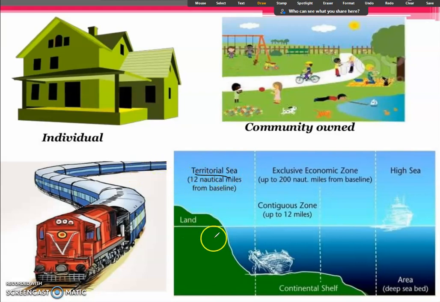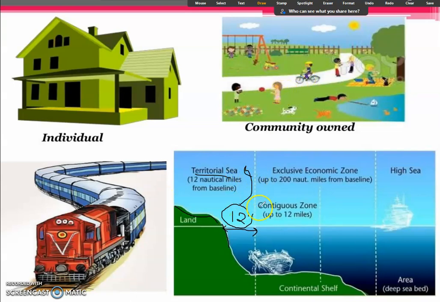Let's think that this will be the coastal boundary of the country. From the coastal boundary of the country to 12 nautical miles, that part of the sea or waters is known as the territorial sea.